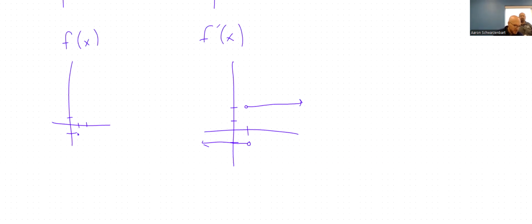You could pick, so it says sketch the graph such that f of 0 is 0. Okay. So that means I have to go through this point. I have a slope of -1 and it goes till x is 1. Then I have a slope of 2.